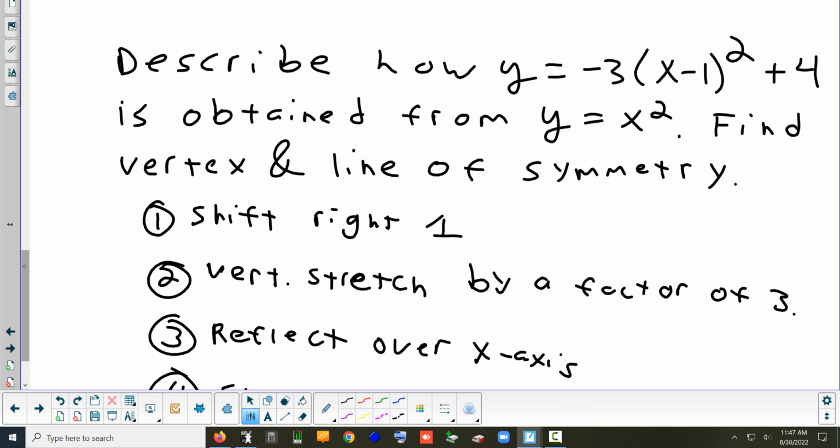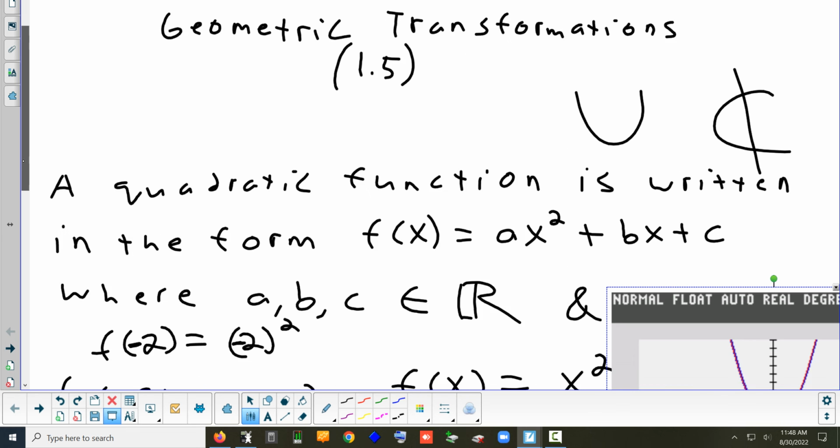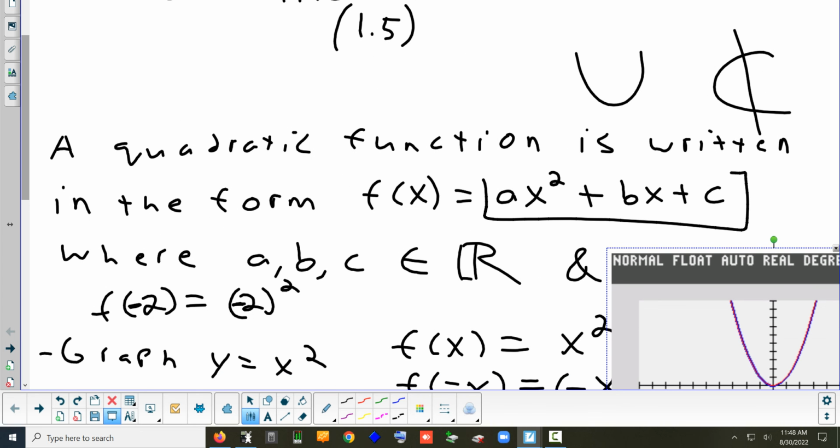Now, in a problem like that, it's easy to see what the transformations are because it's written in this format. Now, if you took this and FOILed out x minus 1 squared, multiplied by negative 3, and then added 4, you would get something that I talked about at the beginning, like this. Well, that's no good. Okay?